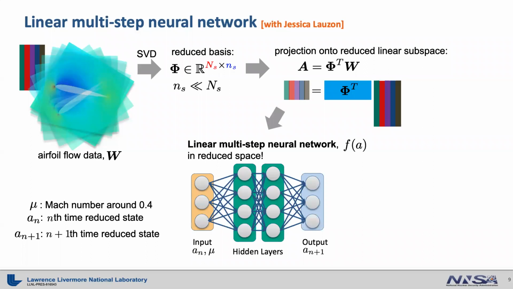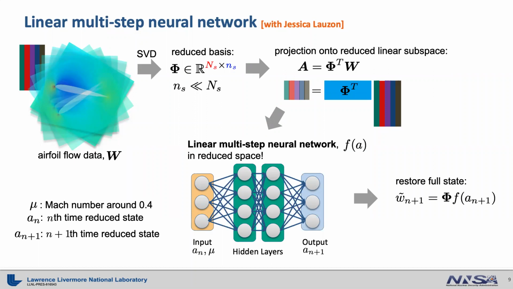Then the linear multi-step neural network is trained using the reduced data A in order to propagate in time in the reduced latent space as depicted here.